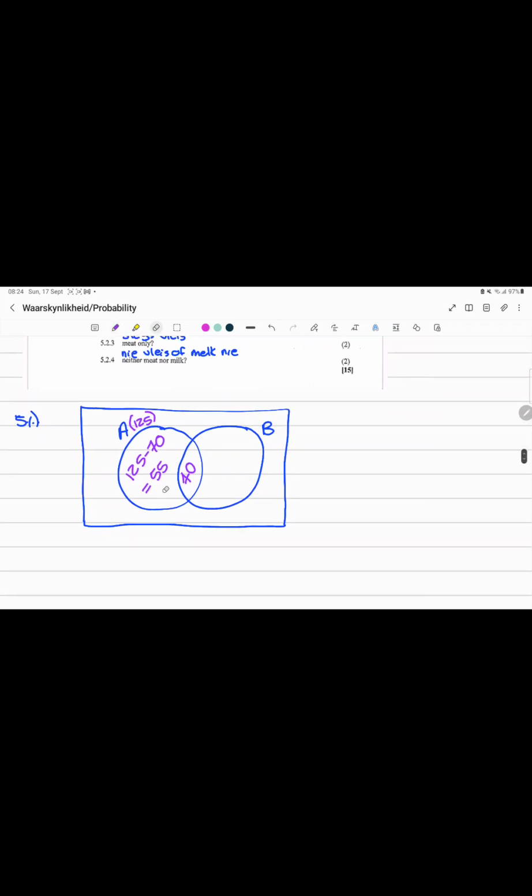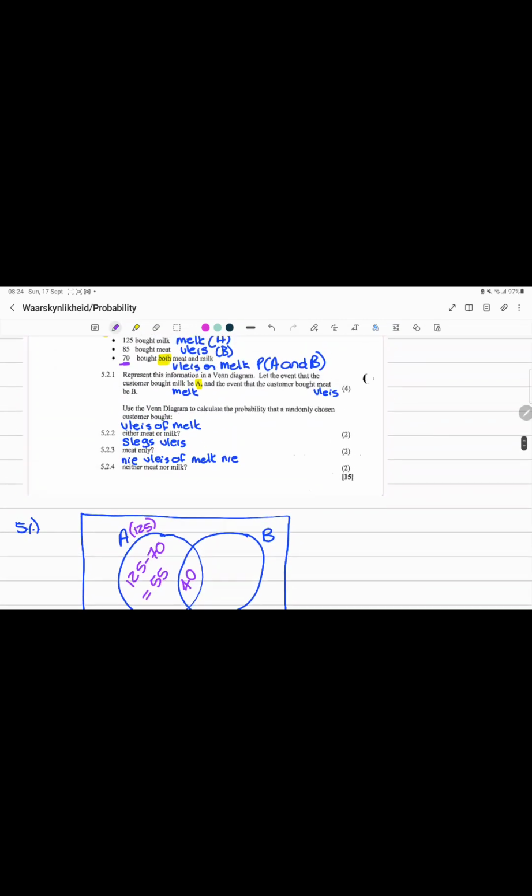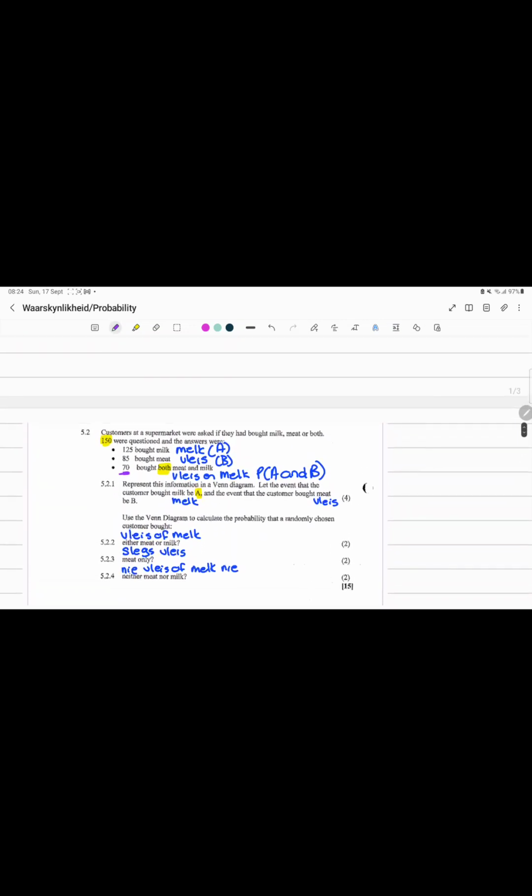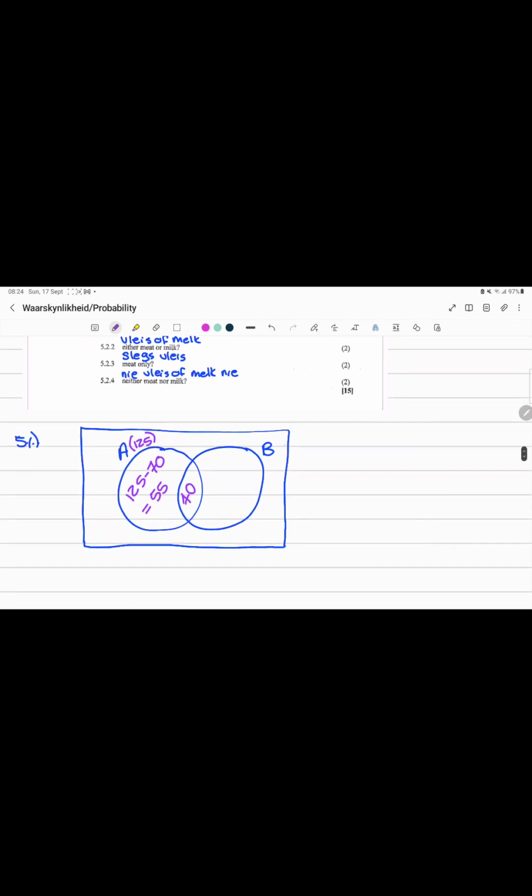So in this part of my circle, I only have 55. Then we do it on the other side as well. How many people said that they buy meat? 85 people bought meat. So to work out what is left in this part of my circle, I say 85 minus my 70, which was my intersection, and that leaves me with 15.